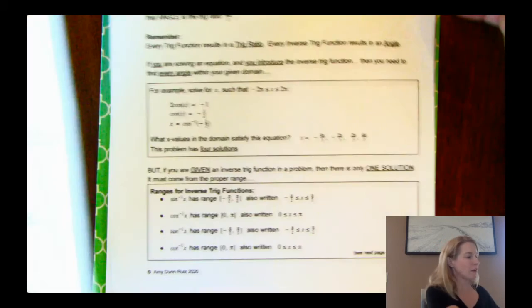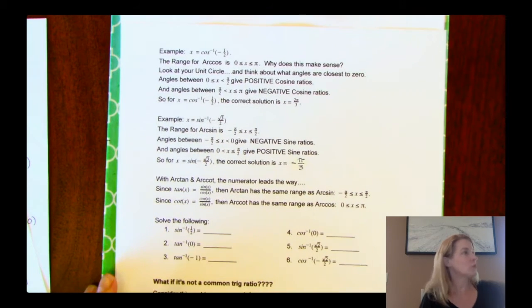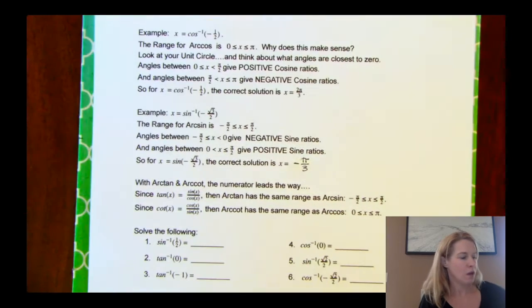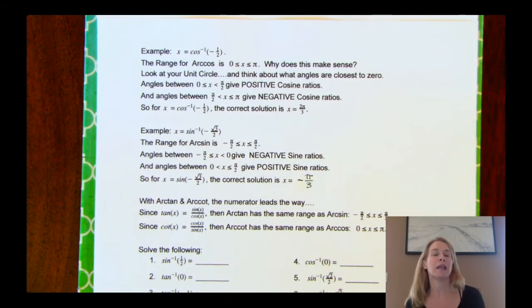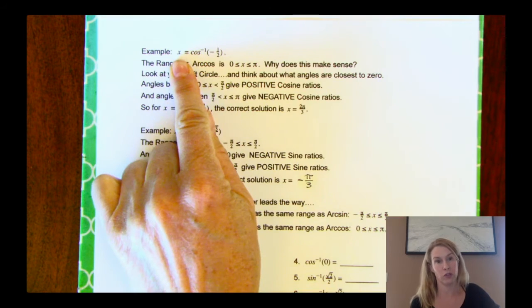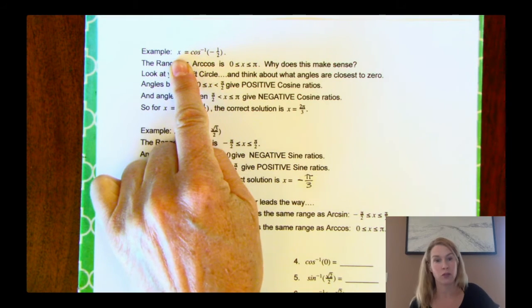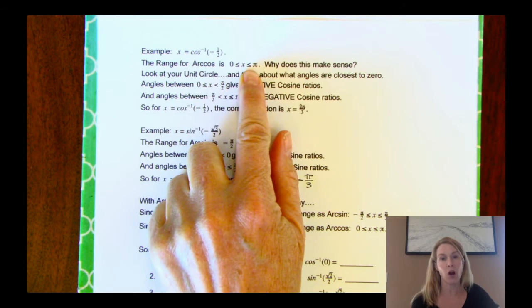Okay. On the back of that page, we've got a few examples to look at. The first example looks fairly familiar. We're looking for the cosine inverse of -1/2. The way the problem is written implies there's only one solution. We're not looking for all the different solutions. It comes from that specific range for arccosine.